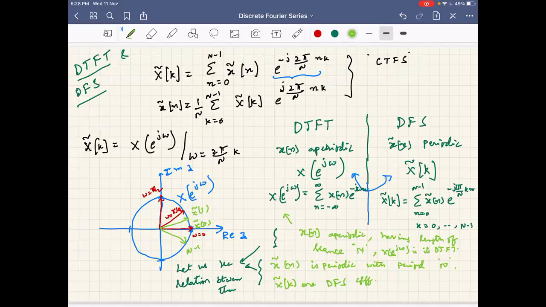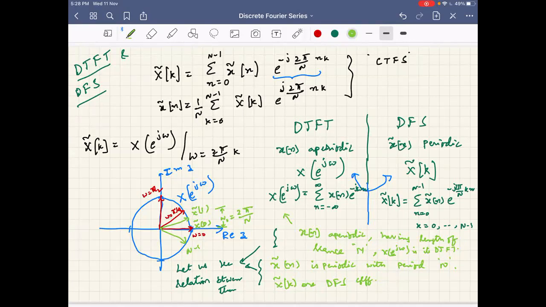If I want to tell the fundamental frequency of these samples on the e^jω axis, for sampling in the frequency domain to get the discrete Fourier series samples from X(e^jω), this is equal to 2π by capital N, right?